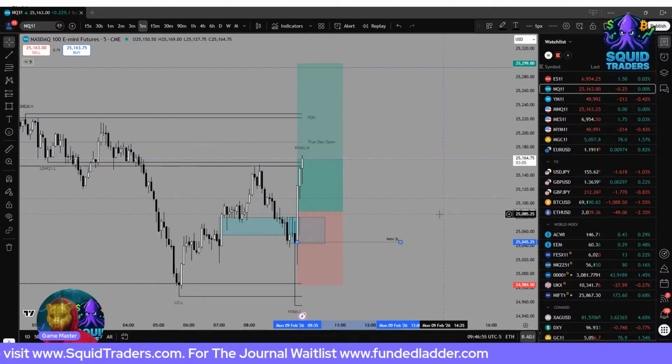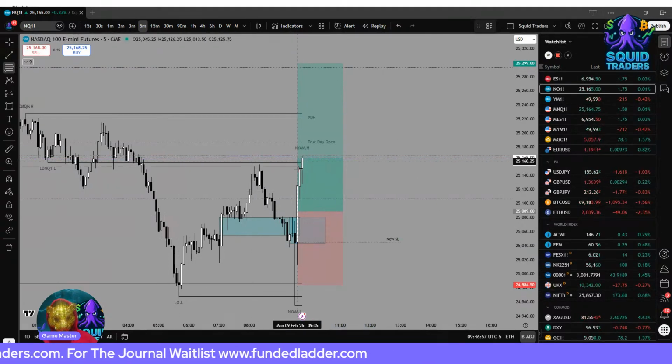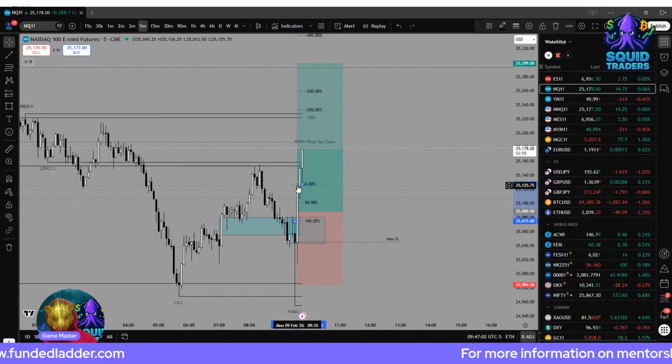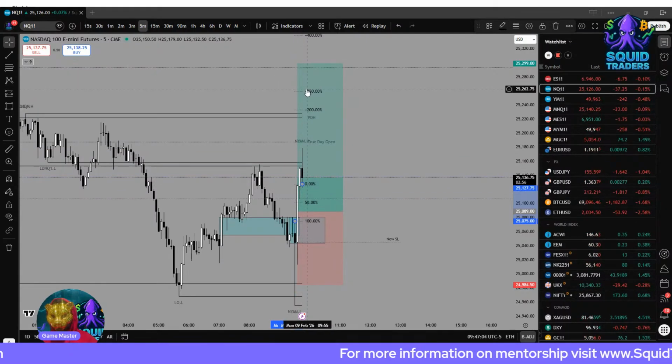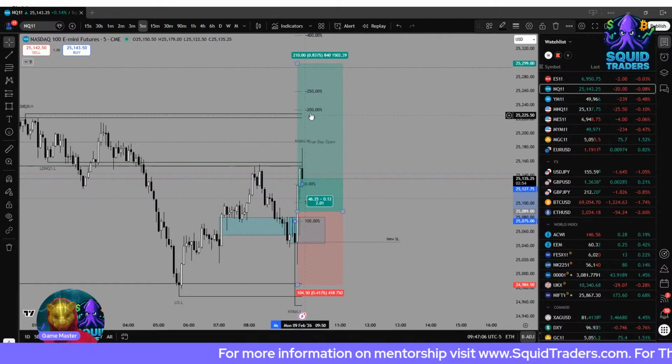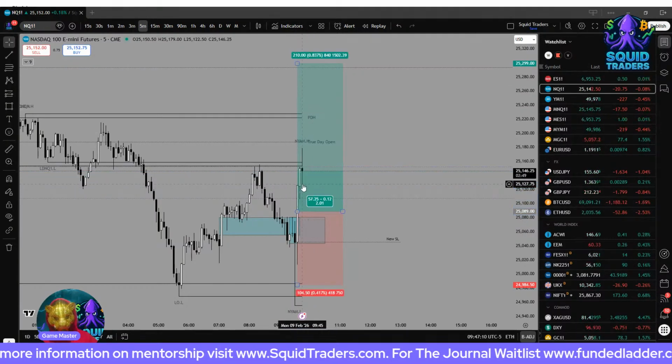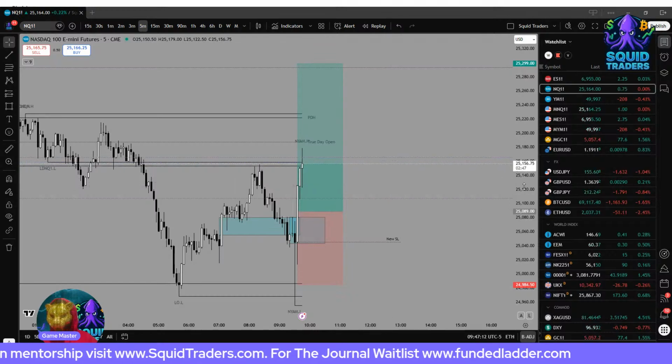So 3 minutes to this candle's closure. The thing is, with this candle's closure, if we leave another fair value gap, which is a tiny one over here, we'll get a target up top. So something to be aware of. If we leave this fair value, oh, there's no fair value gap anymore. Sorry, there's no target up top now.